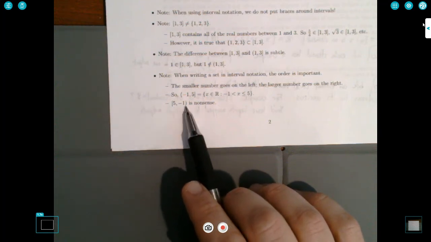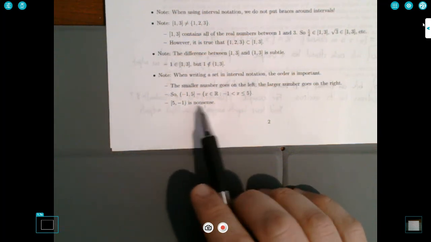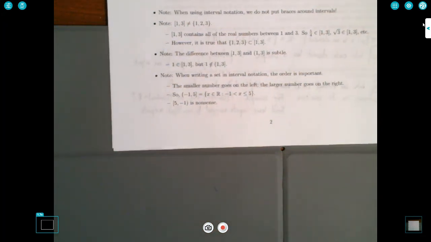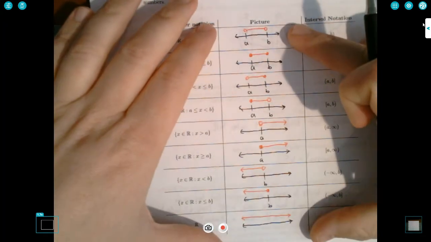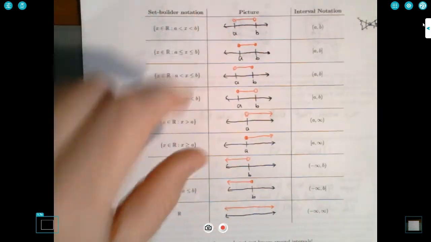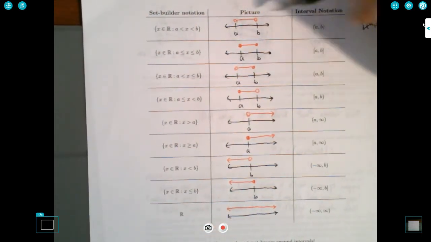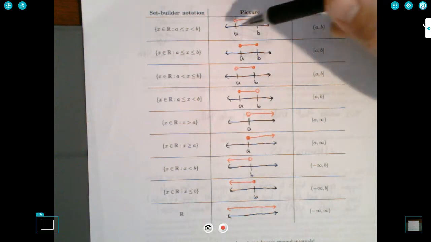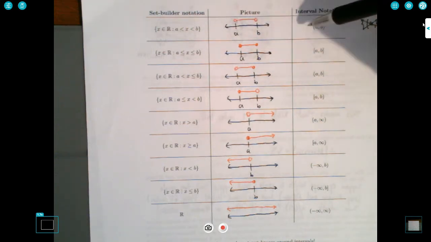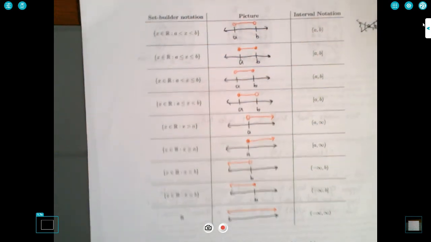The interval (5, -1) is just complete nonsense. It doesn't make any sense at all. So you always put the smaller number on the left. It's helpful to think of the picture. If you notice, the interval notation goes along with the picture very nicely. You're always thinking of it from left to right, smallest to largest. Okay, so that's interval notation.